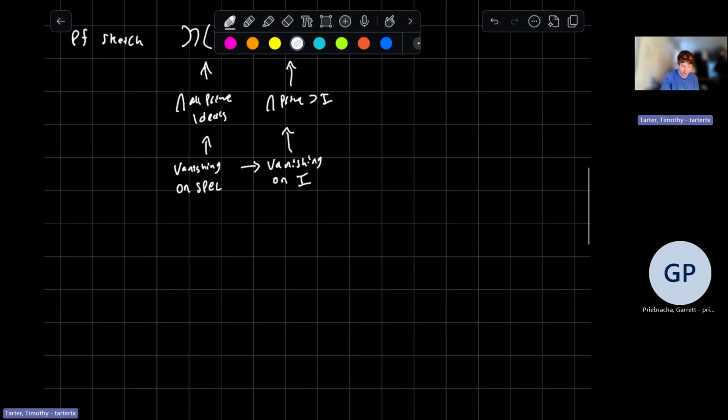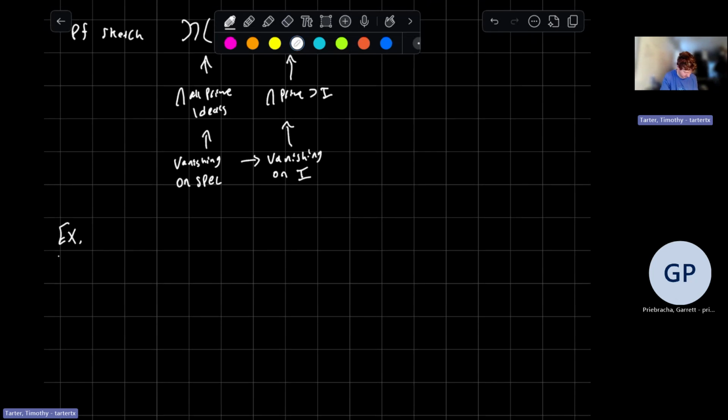So as an example, as a set, complex affine space was just traditional points corresponding to maximal ideals, and then one new point, which was 0.